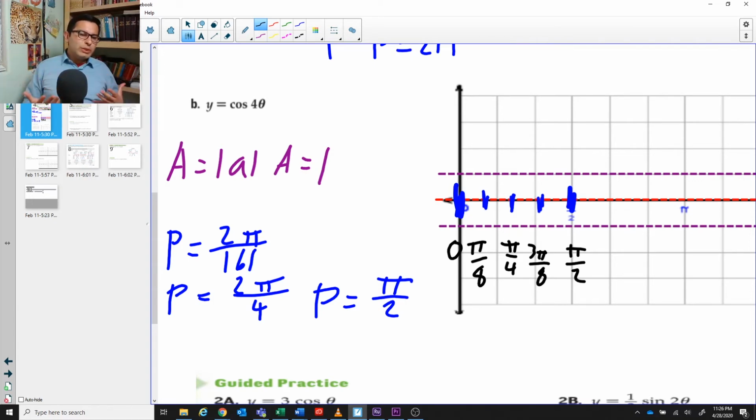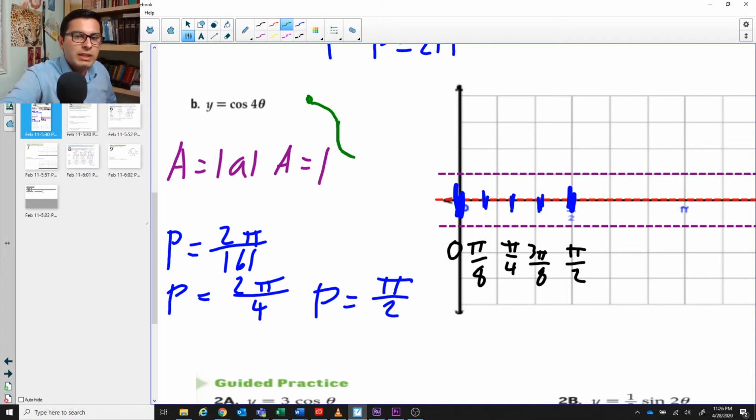Now, what we're going to do is use the standard way of graphing a cosine function. I showed that for the sine function above, but for the cosine function, this is what happens. You're going to start at the maximum, and then you're going to curve down to the midline, and then curve down to the minimum, come back up to the midline, and then go back to the maximum.